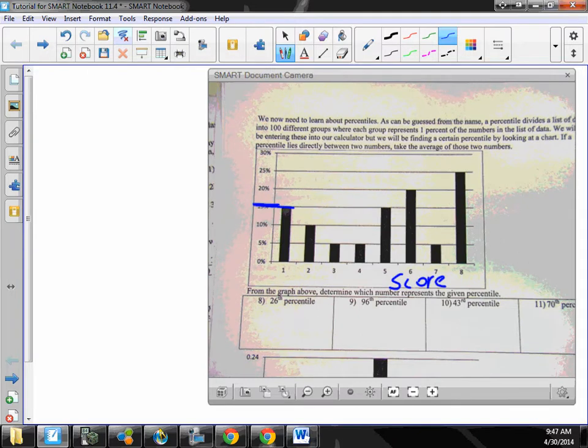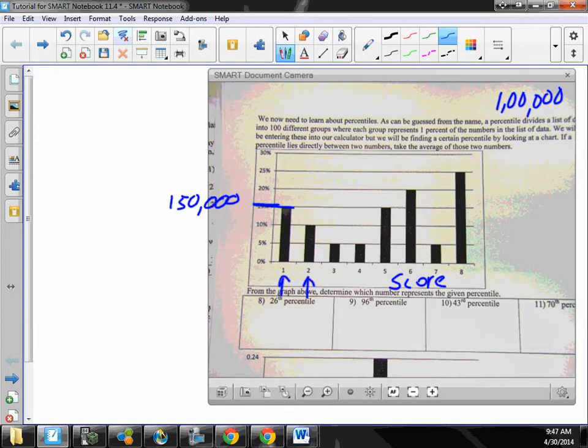15% of the people got a 1. 10% of the people got a 2, and so on. Well, if 1,000,000 people took the test, how many people scored a 1? This would be 150,000. This would be 100,000 and 50,000.